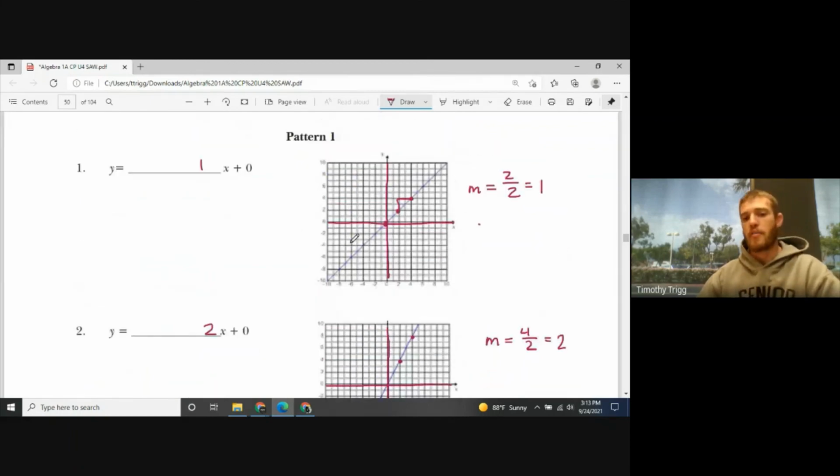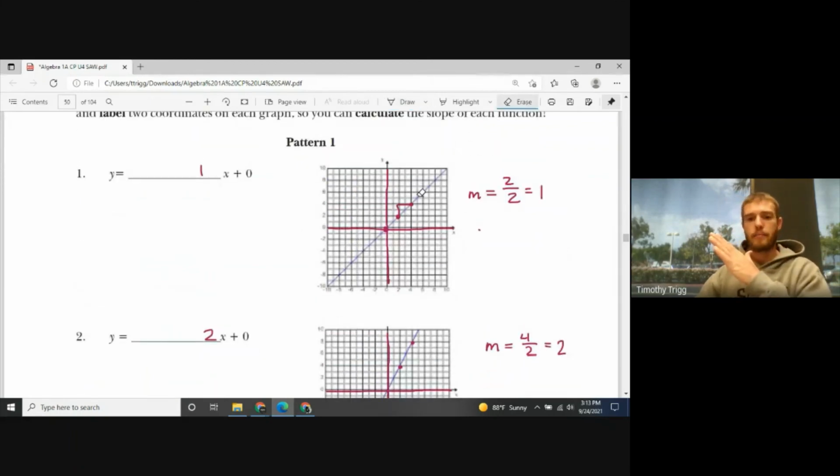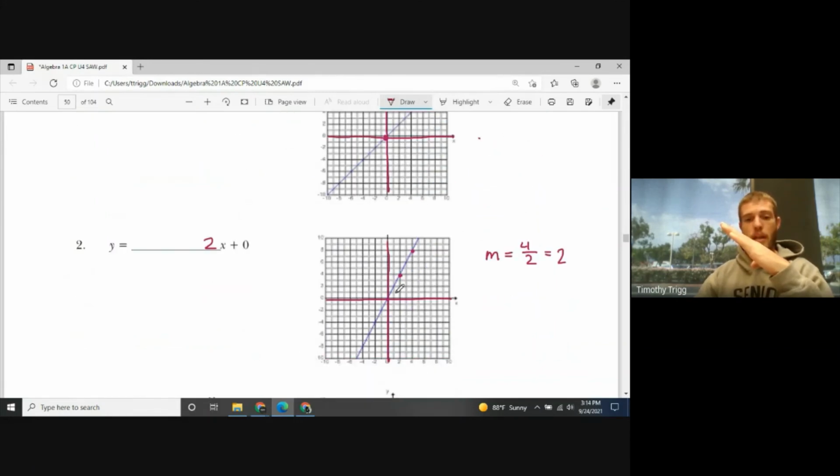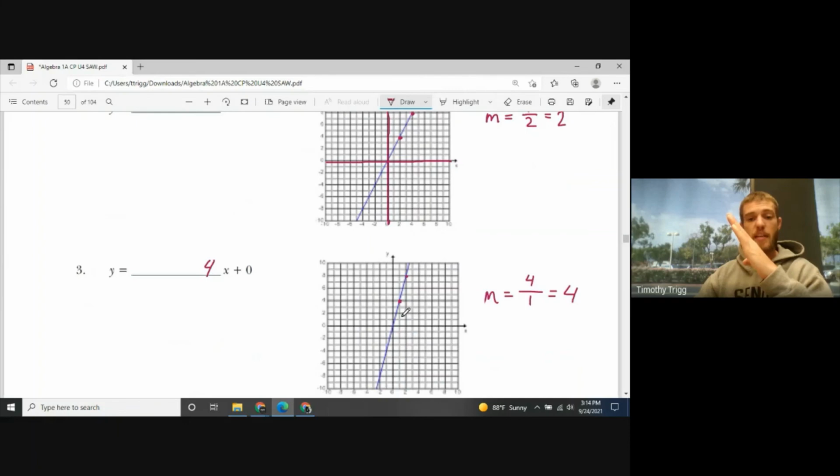Now notice our lines. Notice the first line here, notice how steep it is. You might say, well, it's steep, but not terribly steep. This one had a slope of 1. The next one is much steeper, isn't it? Its slope is 2. And this one is even steeper still, and it had a slope of 4.